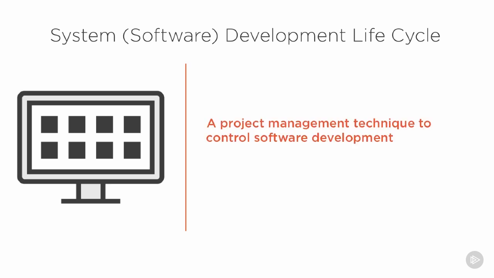The SDLC is really just a project management technique to help us manage and control the software development process. The idea of using a proper project management technique should increase the likelihood that this project will actually be successful.